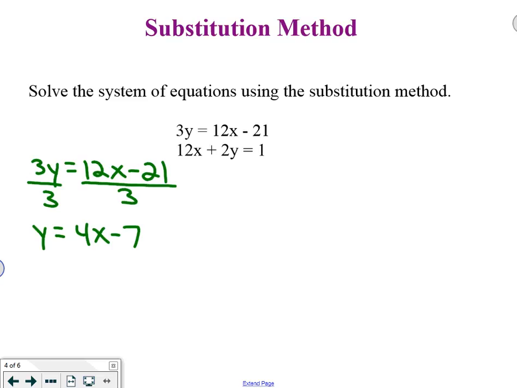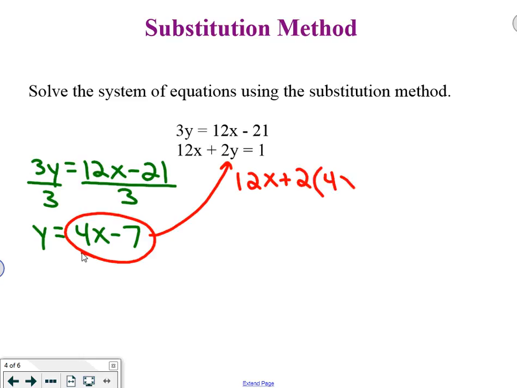Now the next step is to take what y equals and plug it into the other equation for that y. So this equation now reads 12x plus 2 times y, which is 4x minus 7, equals 1. This gives me a single equation with a single variable, which means I can solve for that variable.